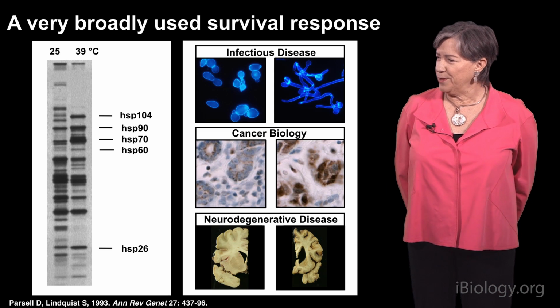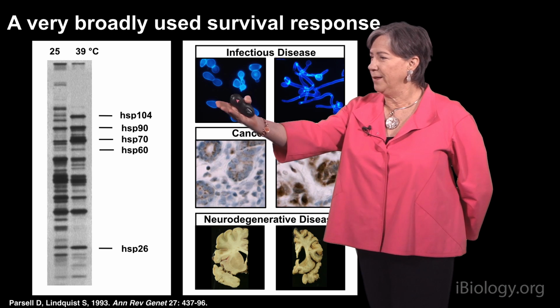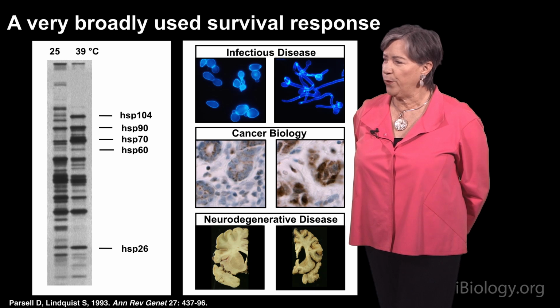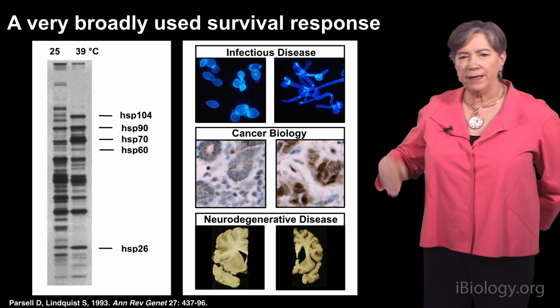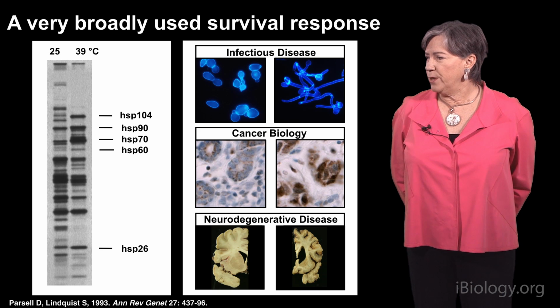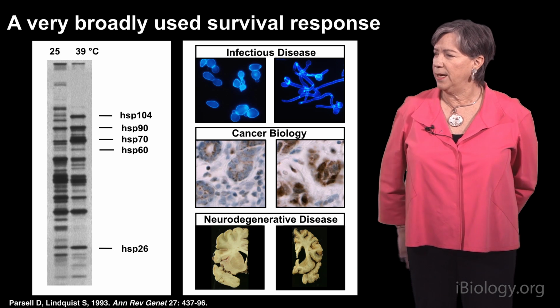They're making heat shock proteins. So this is a labeling of the proteins that are made by cells at either 25 degrees or 39 degrees. And the different bands on that gel are just spread out according to the molecular weight of the proteins. And you can see that there are massively new proteins that are made in just tremendously large amounts.